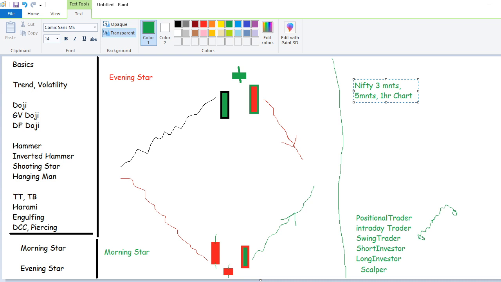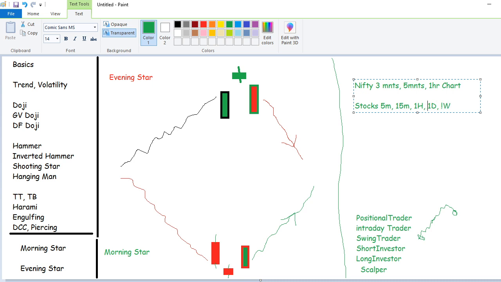Take the confirmation from 1 hour chart. Entry and exit must be by using 3 minutes or 5 minutes. That's all depends on you. If you are trading on stocks, 5 minutes, 15 minutes, 1 hour, 1 day, and 1 week.